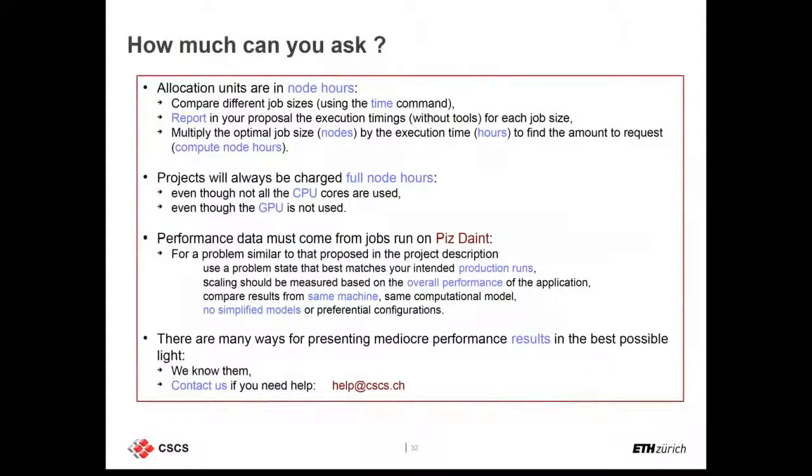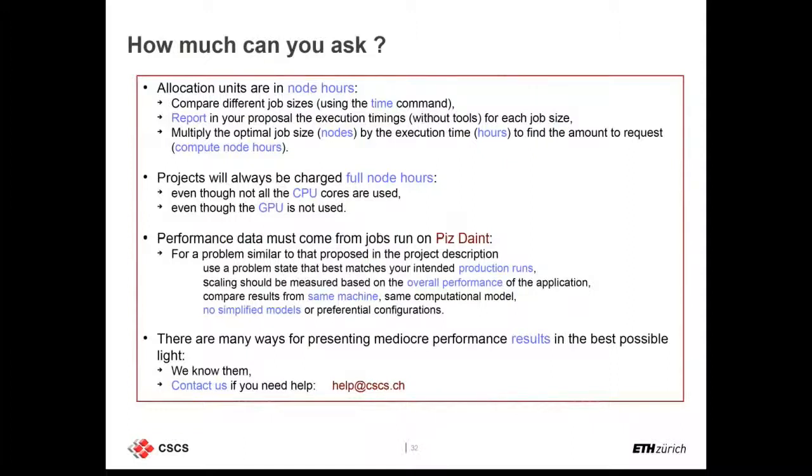You should be aware that even if you don't use all the CPU cores of the node, because sometimes you need more memory on the node, or even if you don't use the GPU of the node, you will still be charged full node hours. So it's always better to use the GPU and use all the cores of the CPU.